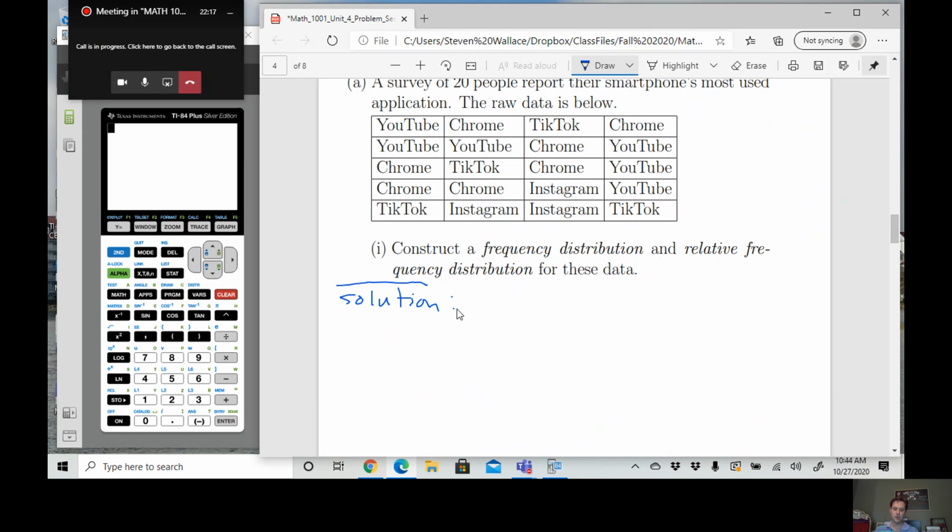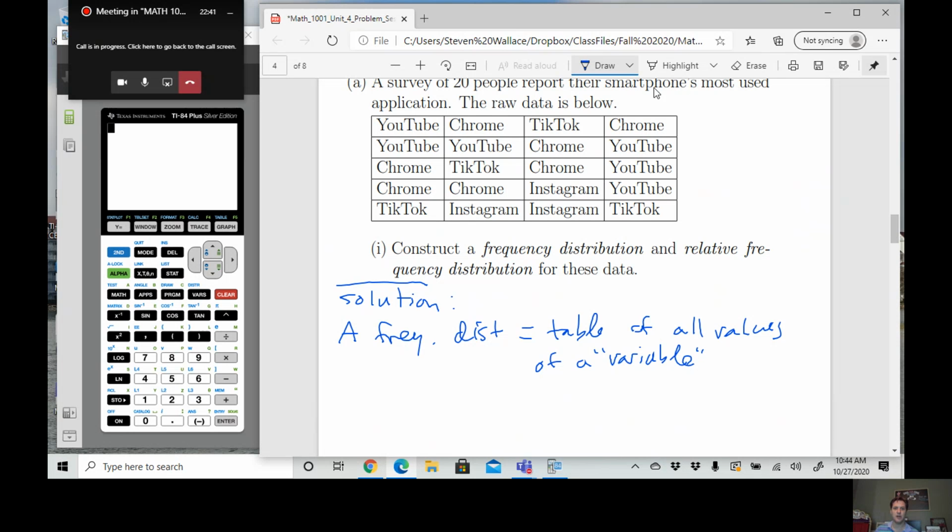Okay, a frequency distribution is a chart or a table of all values of a variable.